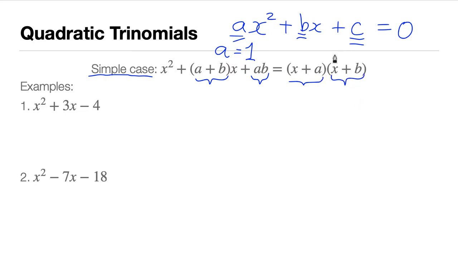So how did we end up in this? If we factor this using the FOIL method, first you have x squared, outer we have plus bx, inner plus ax, and last terms plus ab.